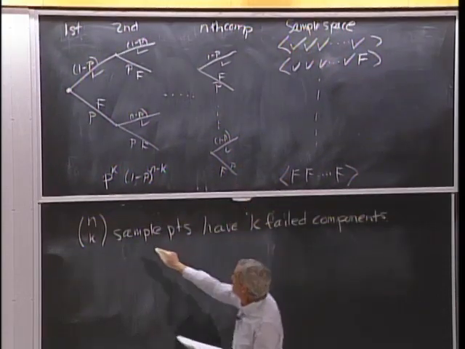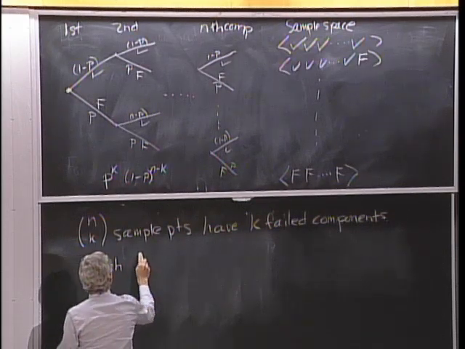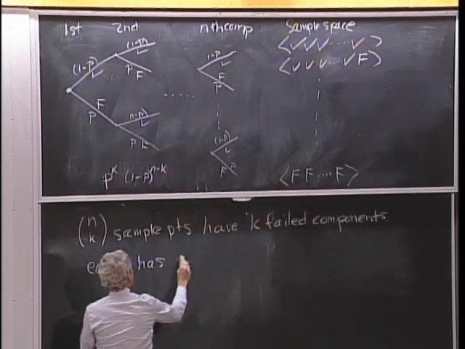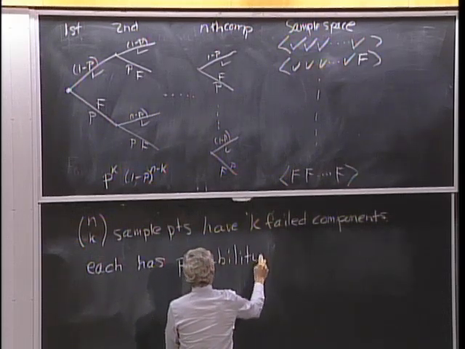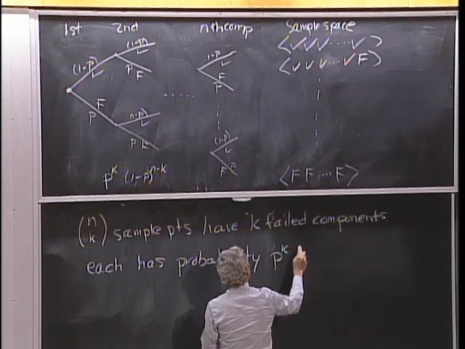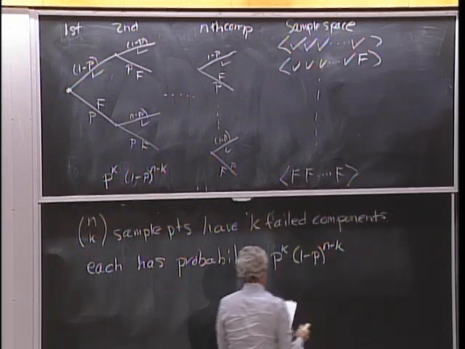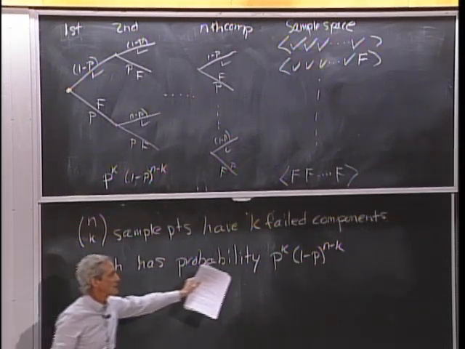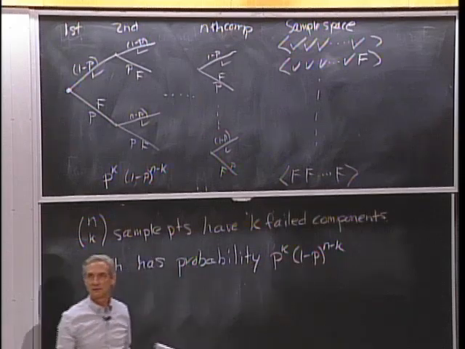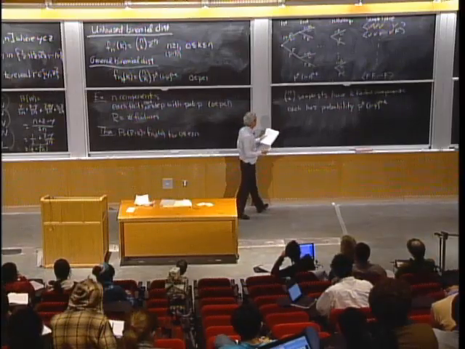All right, so I've got this many sample points. Each of them has probability p to the k times 1 minus p to the n minus k. Any questions about that? Why that's the case? All right, so now I can compute the probability there are k failures.